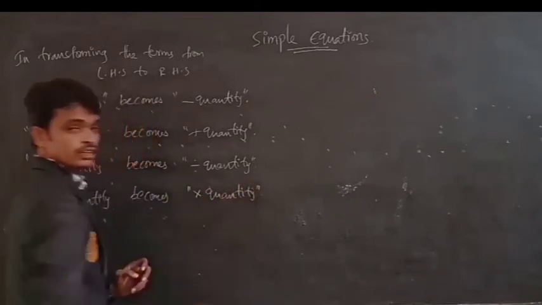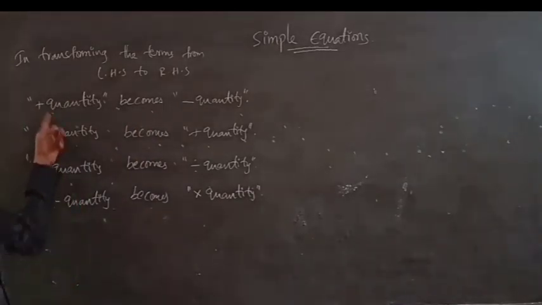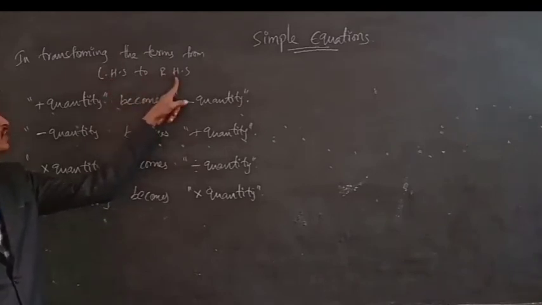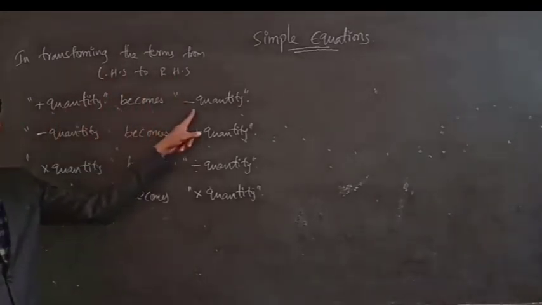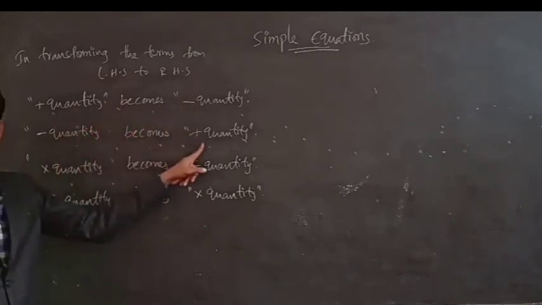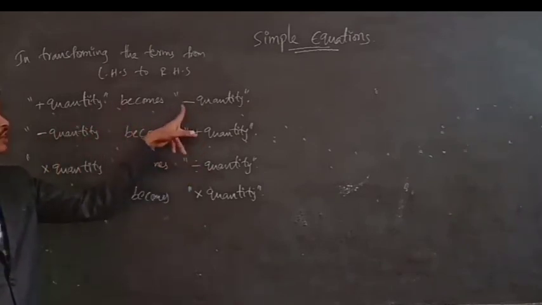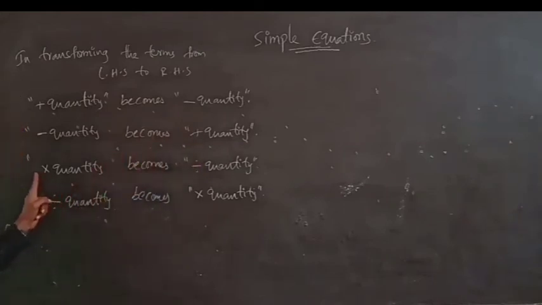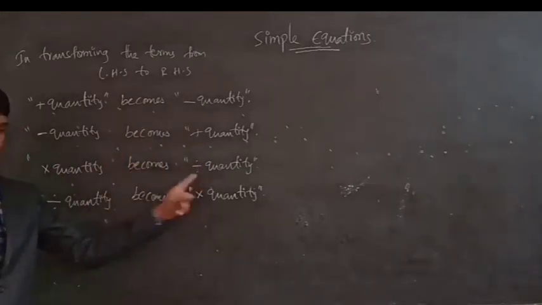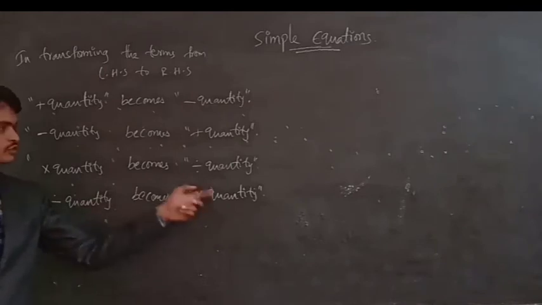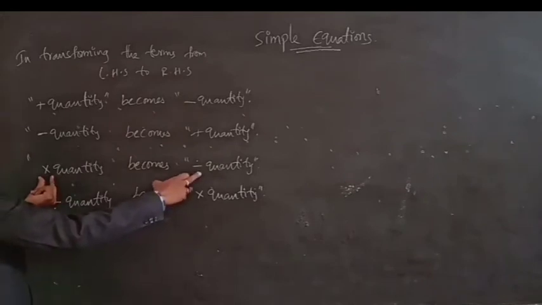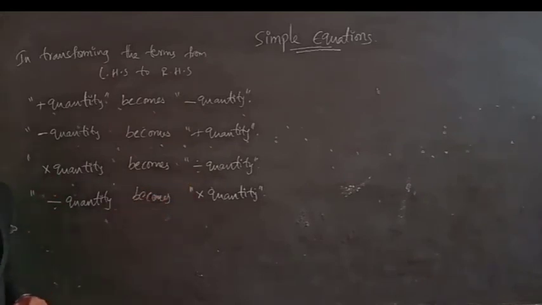So the changes are: when the terms are transposed from LHS to RHS, plus becomes minus and minus becomes plus. So there is a relation between minus and plus. Now multiplication becomes division and division becomes multiplication. So there is a relation between division and multiplication.